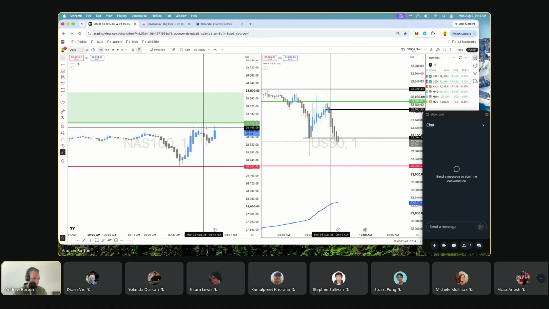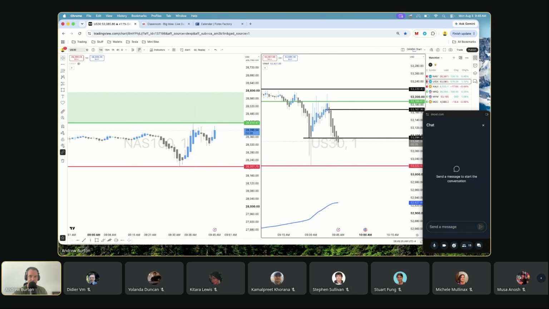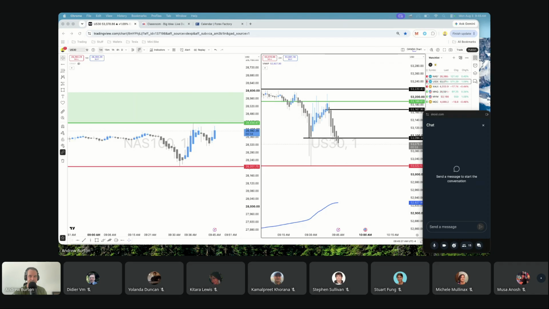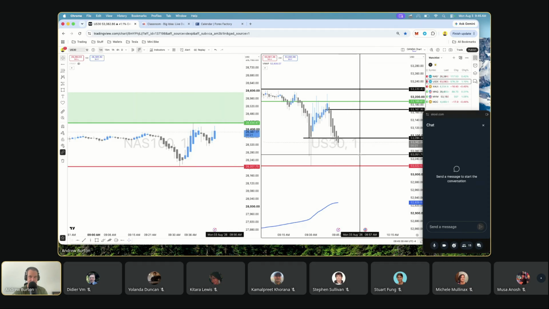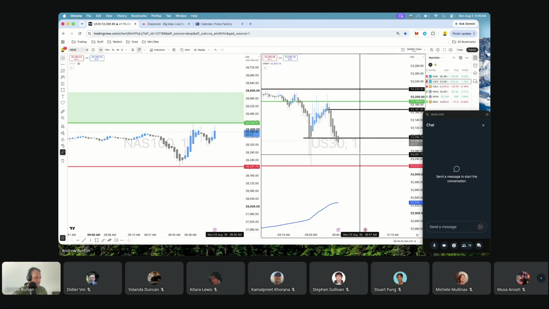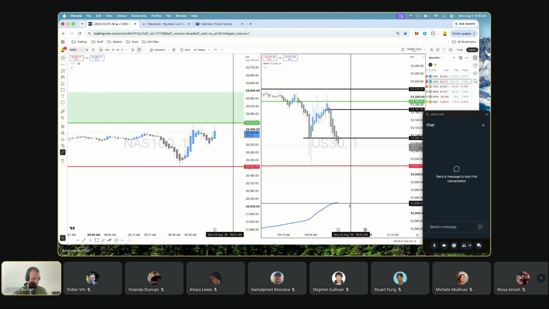That's your kind of sell area, right? There, I didn't take that, so I'm not gonna mark it down. And yeah, if this turns back up here, I'd be really freaking surprised. That's why I said you could probably get an early entry if you wanted. But still, this is the trade I really want to see, this one here.